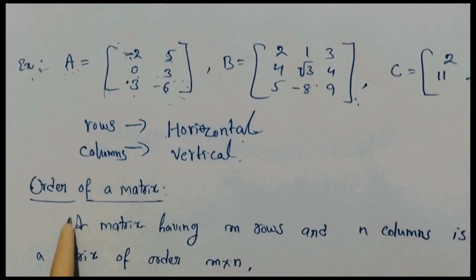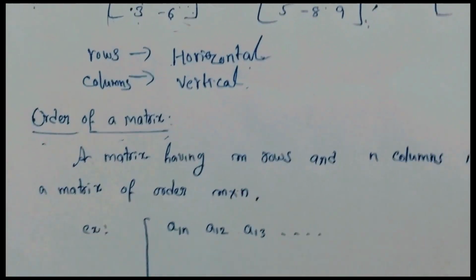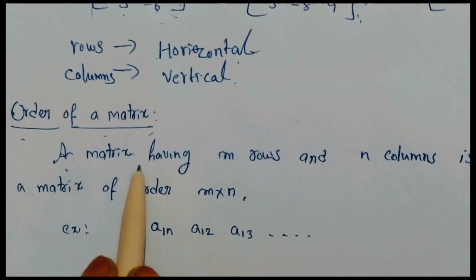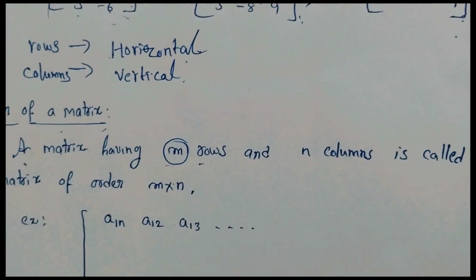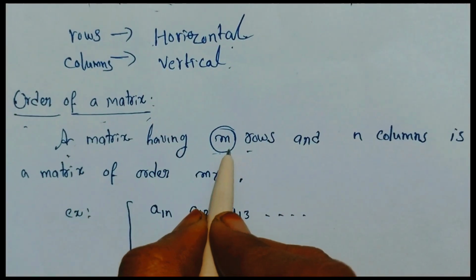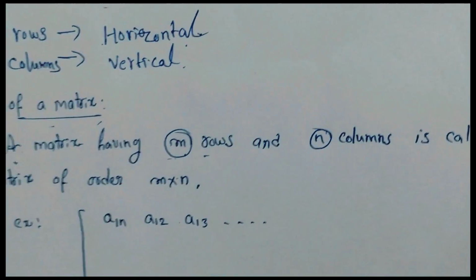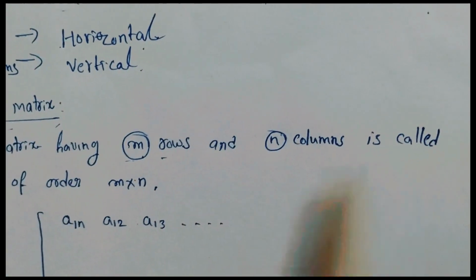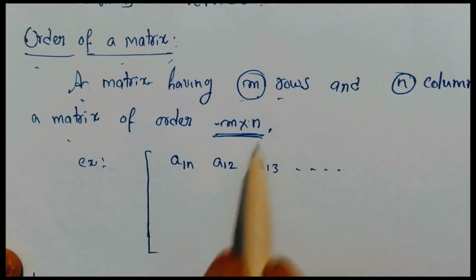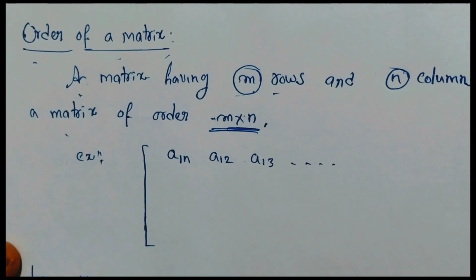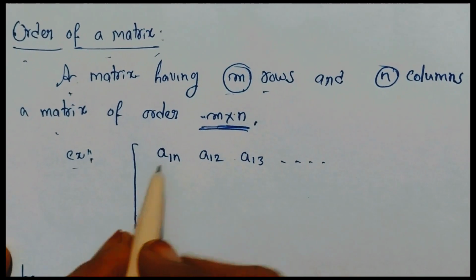Next, we move to the order of a matrix. A matrix having m rows and n columns is called a matrix of order m by n. What is order? Let us move with the example.